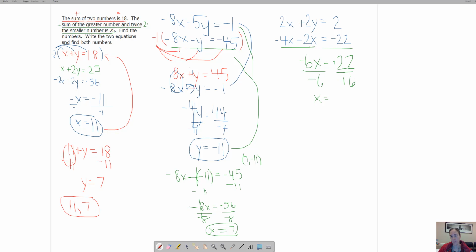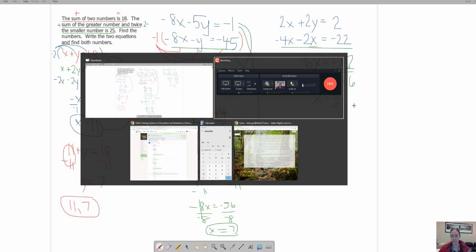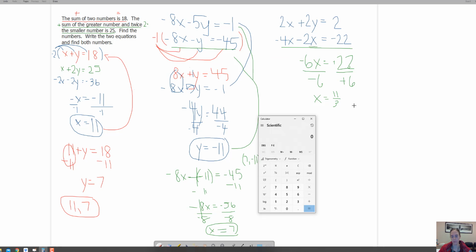To simplify this fraction, you could divide 2 out of both parts, so it's 11 over 3. Or if you wanted to just pull out a calculator, then you could put in 22 divided by 6, and you'd get 3.6 repeating, which as a fraction would be 3 2/3.